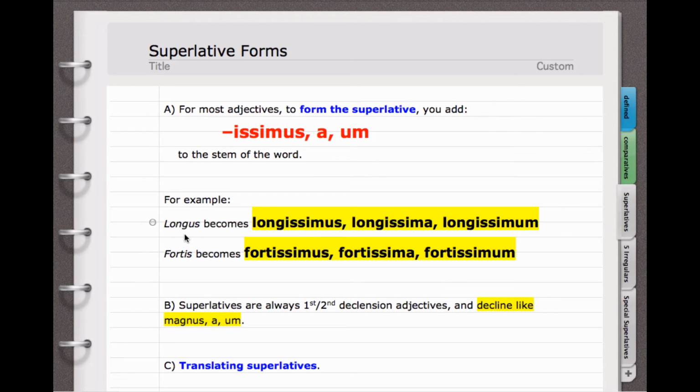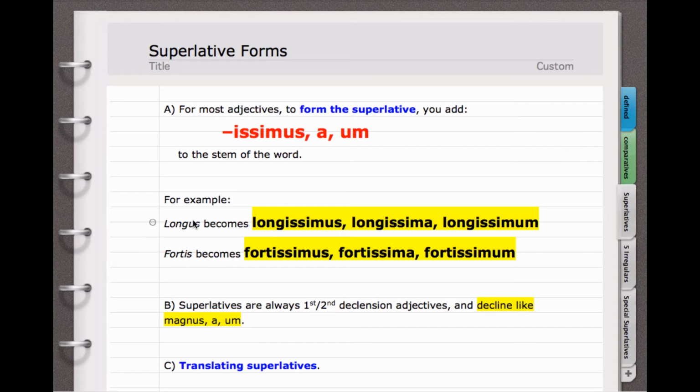So if we look at longus, the stem is long, and we're going to add the issimus to it. So it becomes longissimus in the masculine, longissima in the feminine, and longissimum in the neuter. Fortis then becomes fortissimus, fortissima, fortissimum.